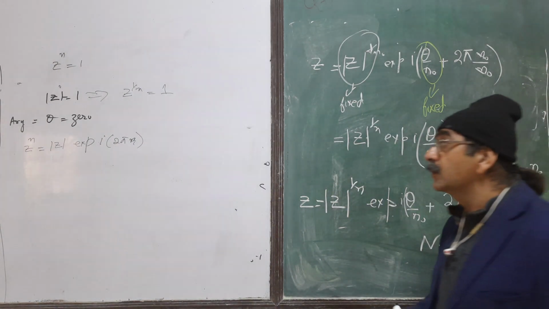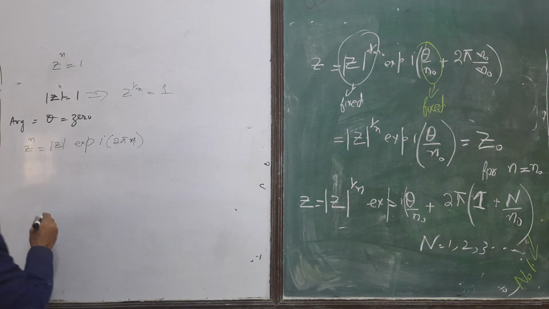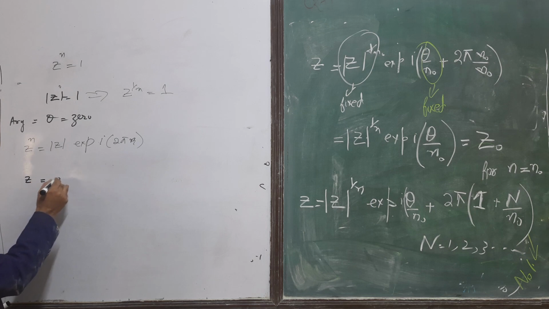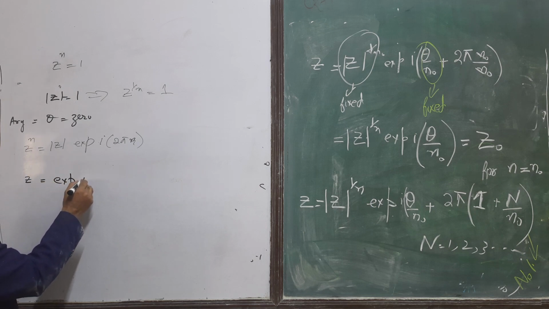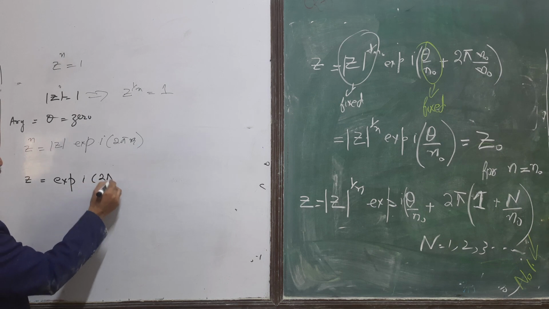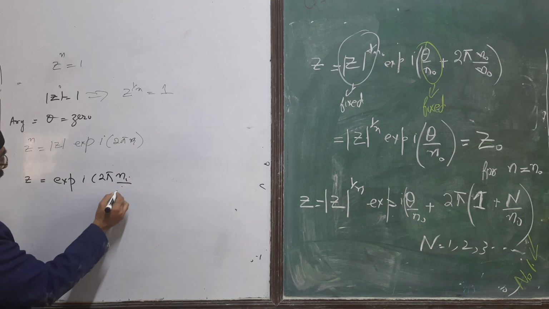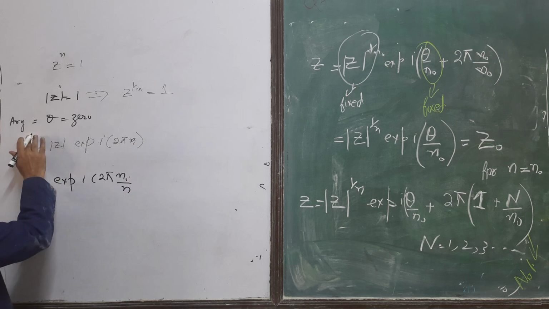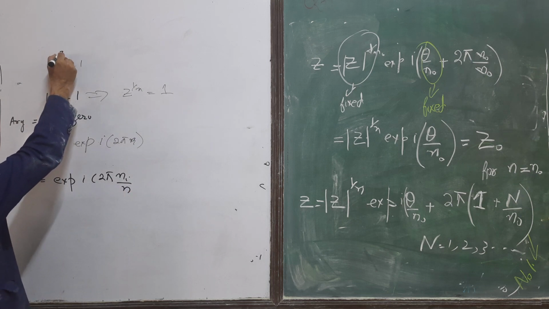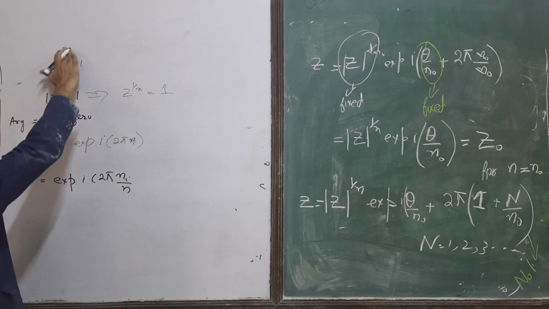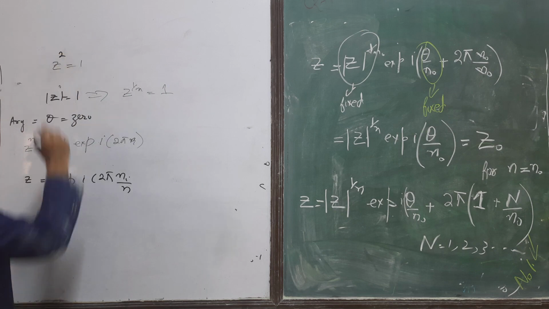Okay. Euler circle. So this will be exponential of iota 2 pi ni divided by n. For example, if we take the second root, now I am interested only in finding the two roots.